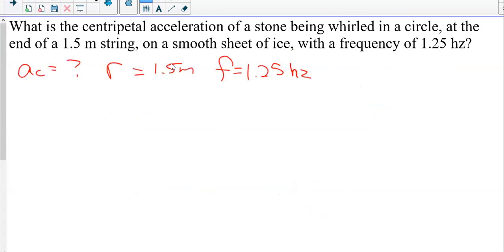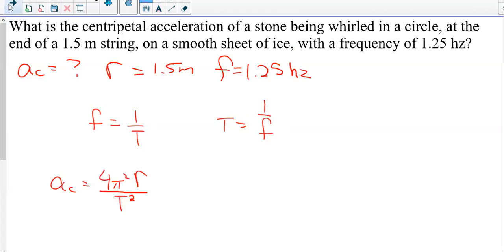So knowing what we're given, we have a radius of the circle, 1.5 meters. We have the frequency to be 1.25 hertz. So if you remember from Physical Science 20 last year, your frequency is equal to 1 over your period, or your period is equal to 1 over frequency, whichever one works best for you. We can take the equation that we just went over.